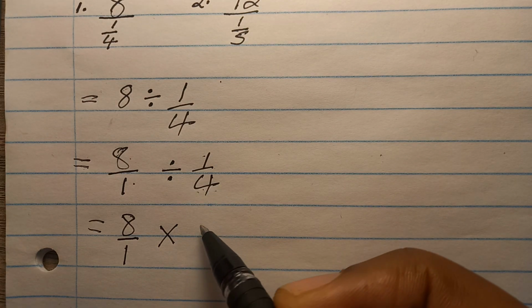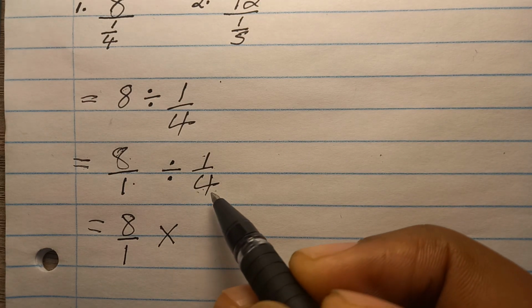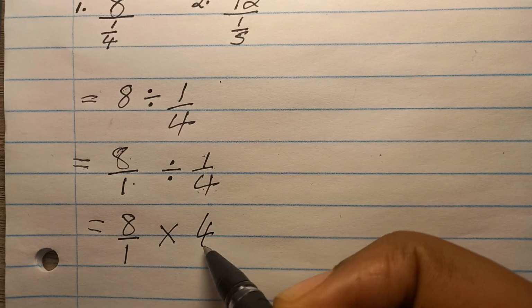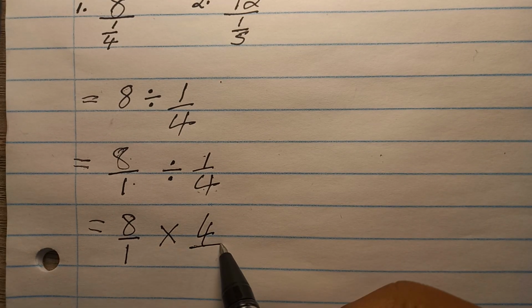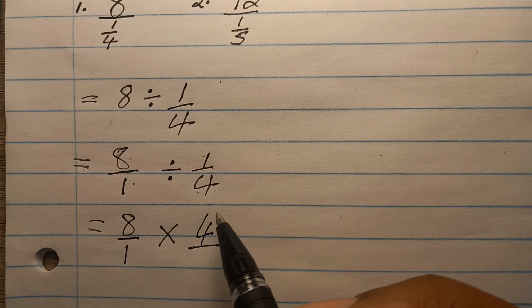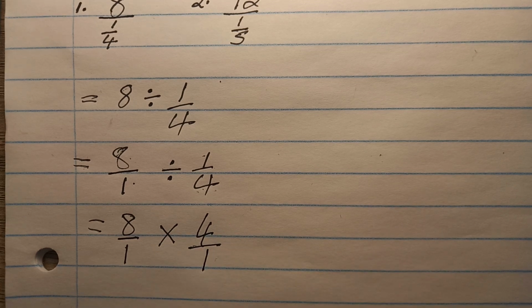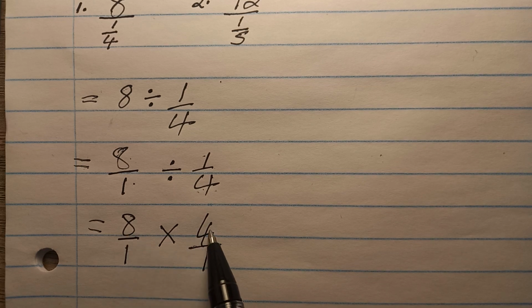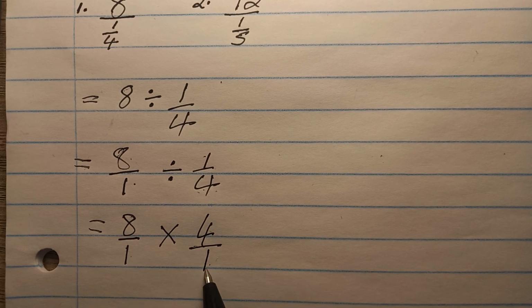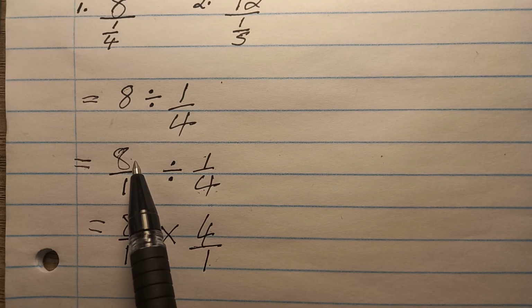Our denominator, which was 4, becomes the numerator, and the numerator, which was 1, now is our denominator. It is now 8 multiplied by 4 divided by 1 multiplied by 1, which is the same thing that would have happened if you cross multiplied.